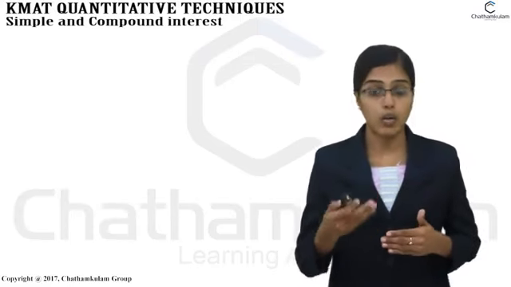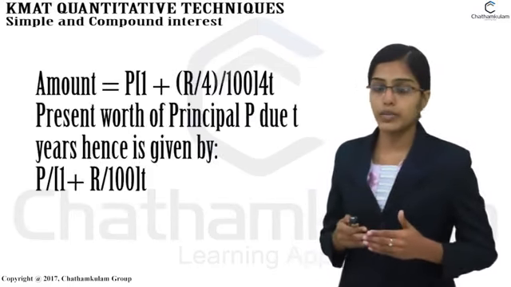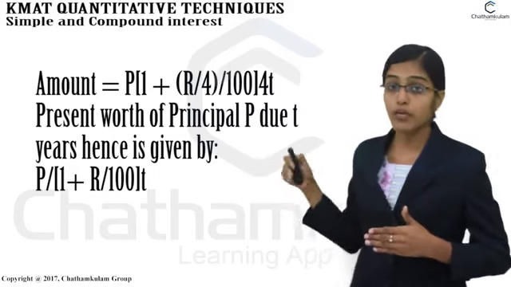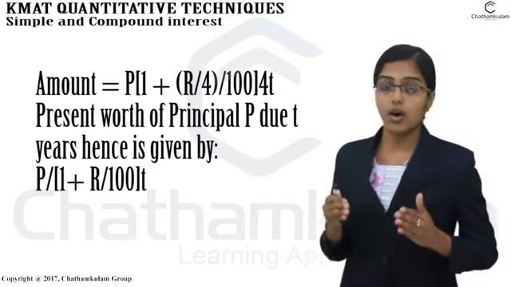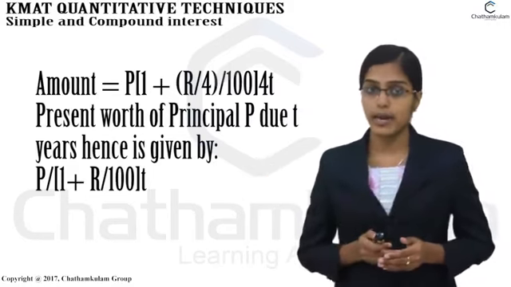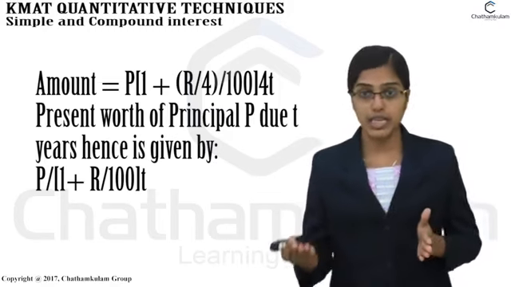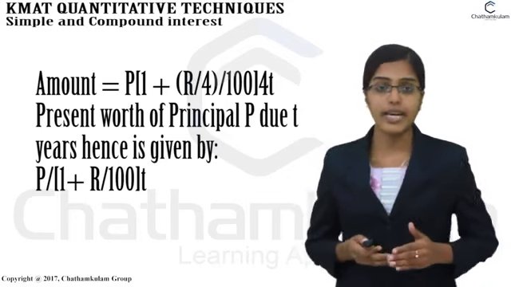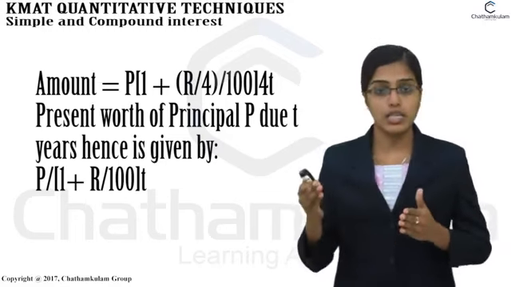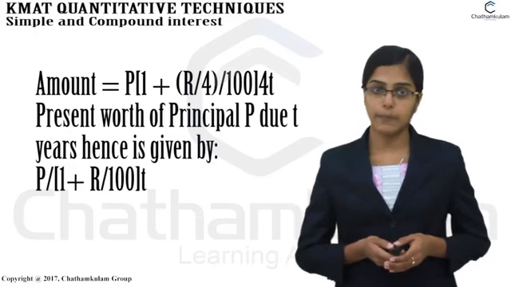When compounded quarterly, amount is equal to P into 1 plus R by 4 divided by 100 whole raised to 4t. Present worth of principal P due t years hence is given by P by 1 plus R divided by 100 whole raised to t.